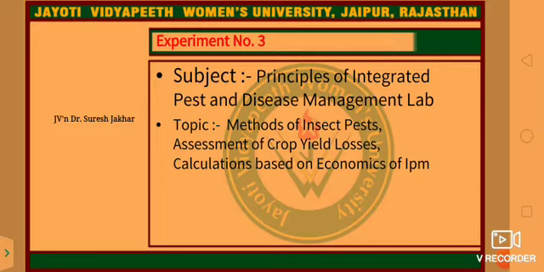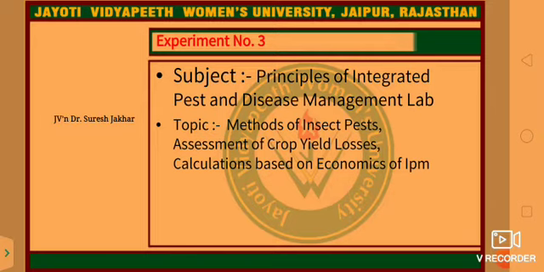Then defoliators. Method first: select 10 plants per plot at random, count the total number of leaves and number of leaves affected, and arrive at a percent. Method second: divide each leaf into 4 quarters, count affected quarters and work out the damage.